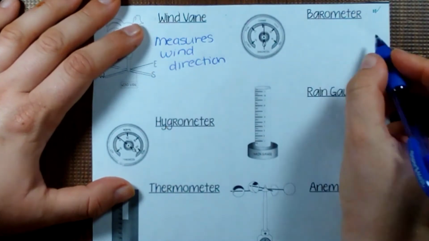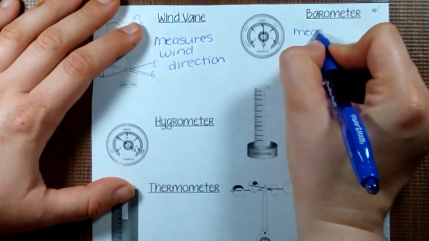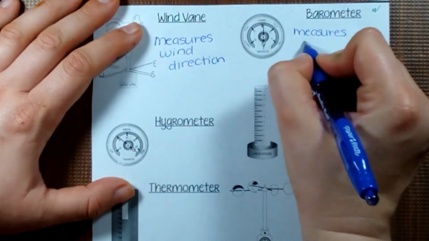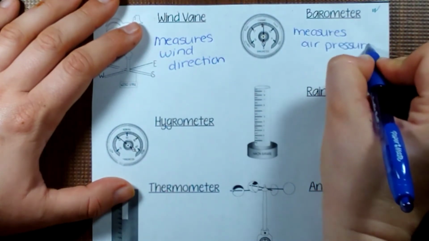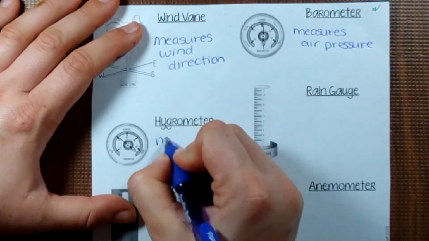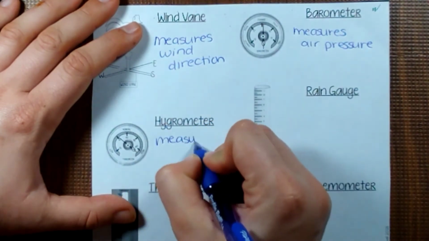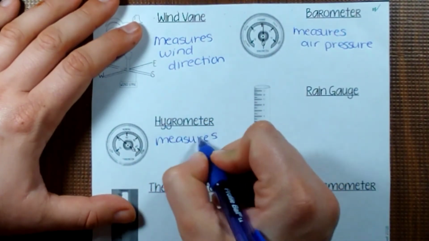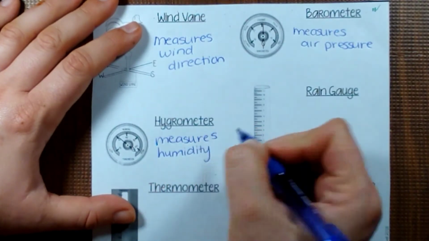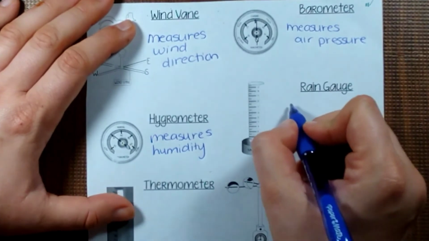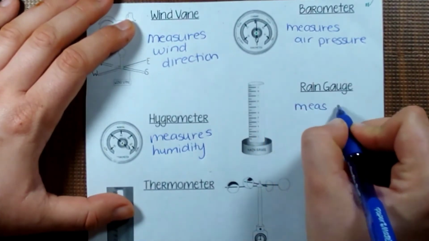A barometer measures air pressure. A hygrometer measures humidity, how much water is in the air, how much water vapor. A rain gauge measures how much rain has happened, measures rainfall.